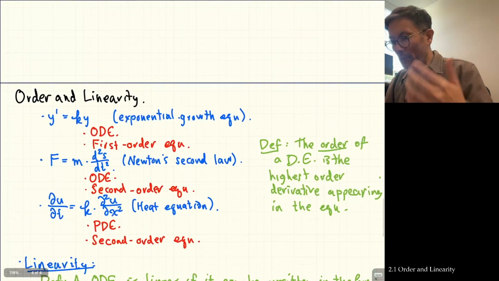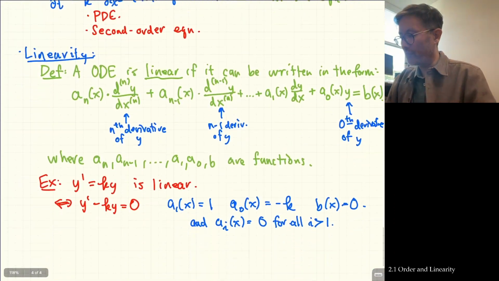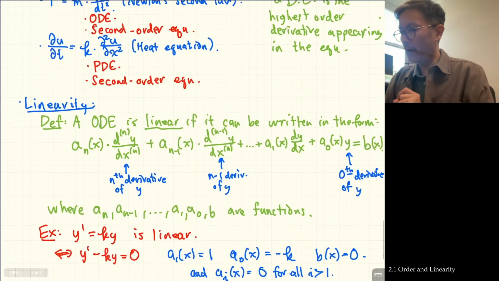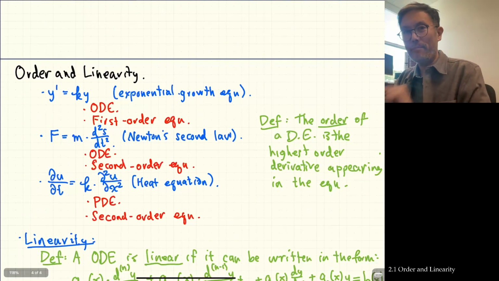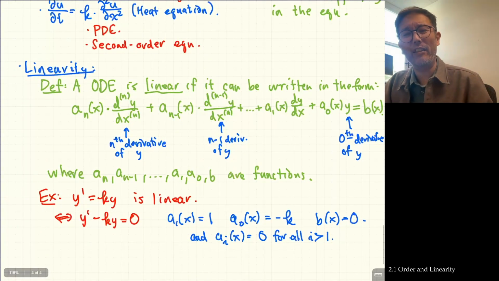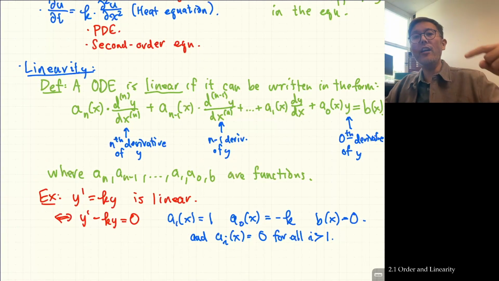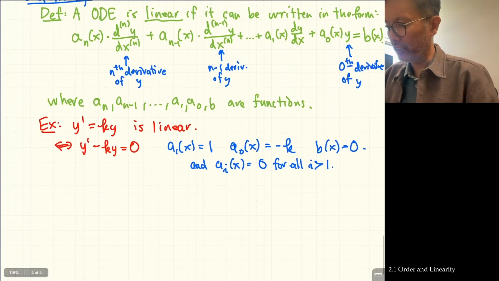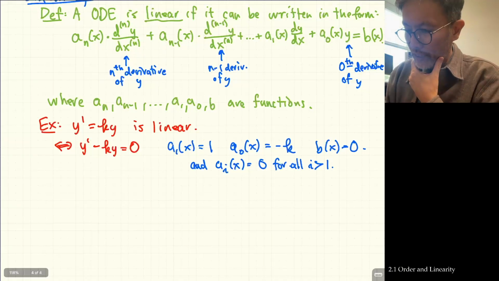Or, frankly, you could also write it in a different way, where you make b of x be f. I don't know. Maybe we don't need to go into this. But as long as we can write an equation in this form, then we can conclude it's linear. Let me give you just another example that's kind of simple.